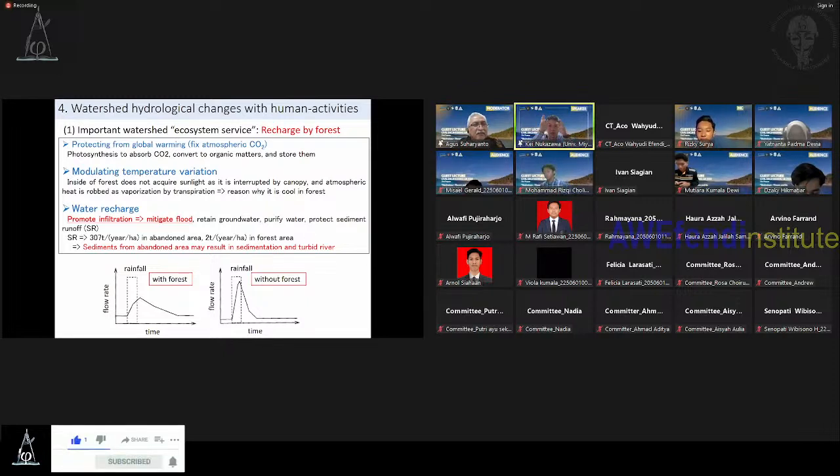So the canopy level is the same, and that interrupts the sunlight into the ground. If the height differs between trees, sunlight can arrive at the ground. But the artificial forest is typically the same age, so that is more problematic compared with the natural broadleaf forest.